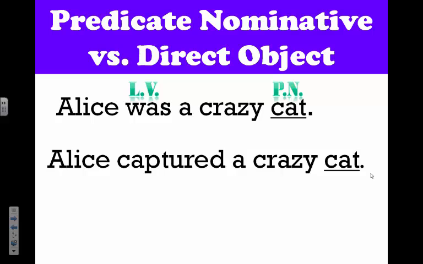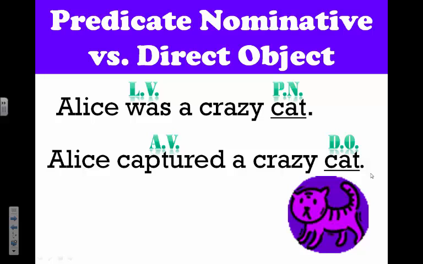Then you have Alice captured, which is an action verb, a crazy cat. And so cat here is a direct object because Alice captured what? Cat. It's a noun, it comes after an action verb, and it answers what Alice captured. Okay, so that's the difference. See, it's really not that hard.